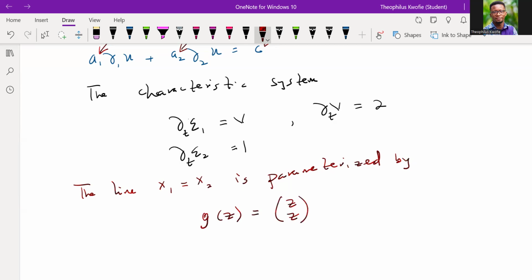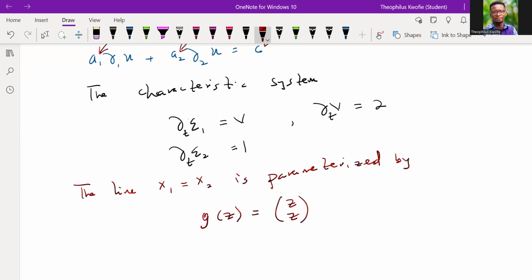The z's also correspond to your independent variables. Because this line is x1 equal to x2, if your x1 is z, then your x2 will also be z. Is that okay? So we parameterize that in terms of z.